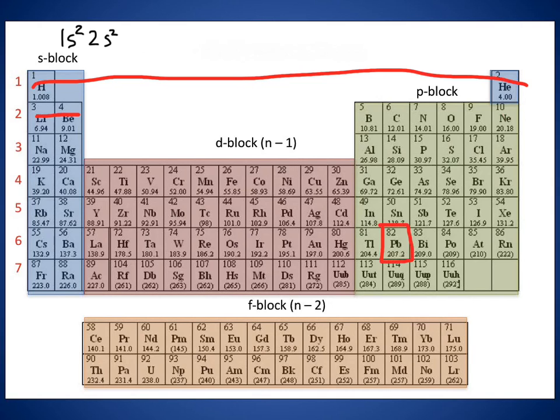Then we go over to here, all the way across the row. 3p this time, there's 6 of them. Then we go down to the next row. Whoa, I wrote 3, my bad. Back up. 2p, 6. That was my mistake, sorry.